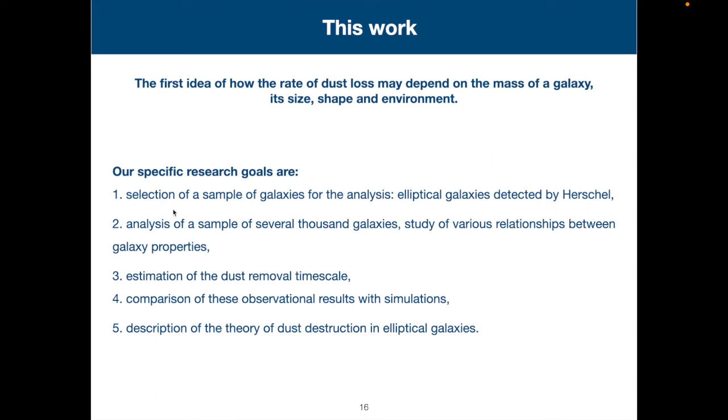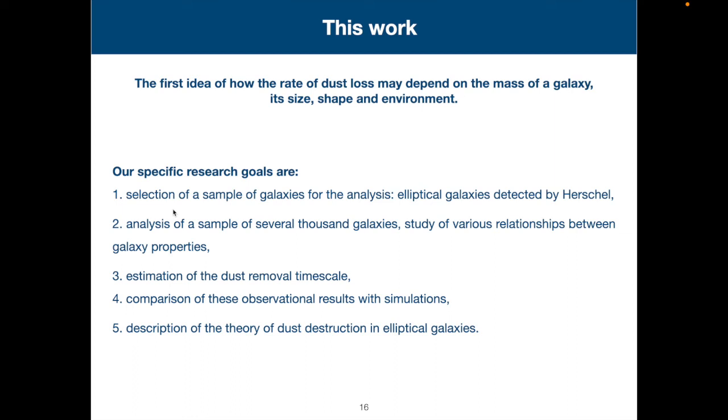The first one, of course the most important, is selection of a sample of galaxies for the analysis, of course elliptical galaxies detected by Herschel. The second point is an analysis of a sample of several thousand galaxies, a study of various relationships between galaxy properties.